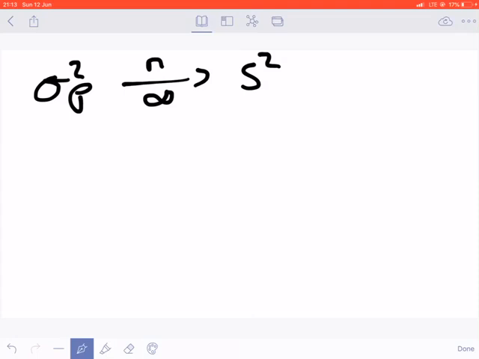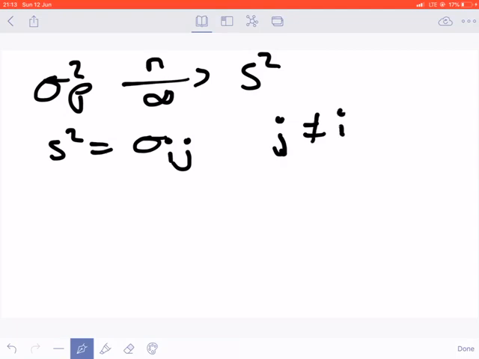So it means that, again, another thing that you should take into consideration is that since s squared is going to be equal to the covariance between asset i and j, where j is not equal to i, what you would do is add assets which are uncorrelated in your portfolio.